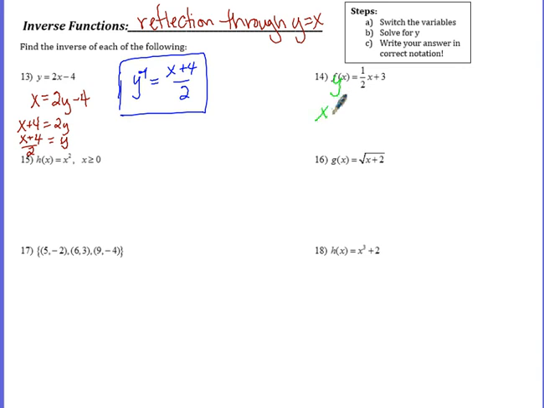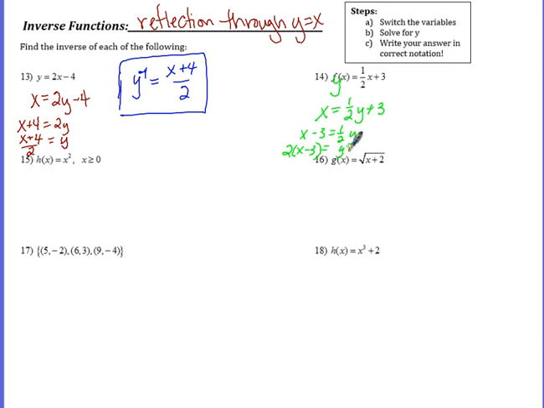So now x equals 1/2 y plus 3. Solve for y. X minus 3 equals 1/2 y. Keep going. Y equals 2 times x minus 3. We've now solved for y.